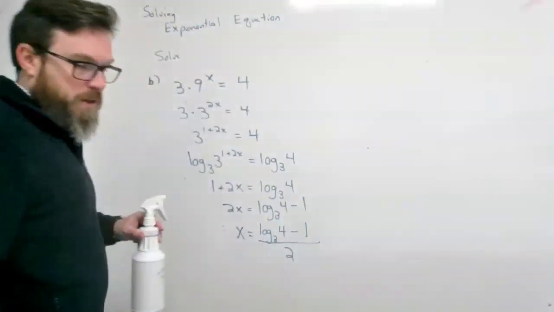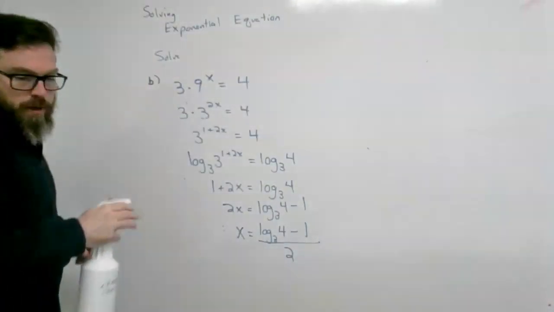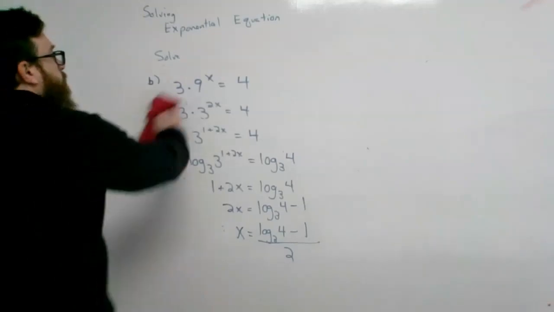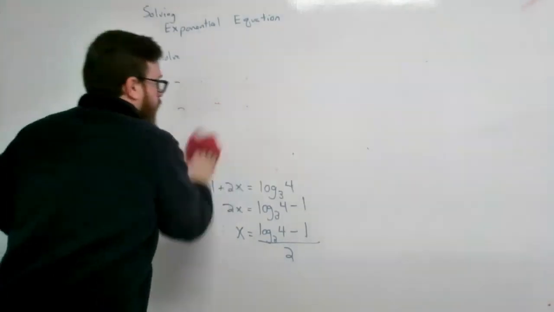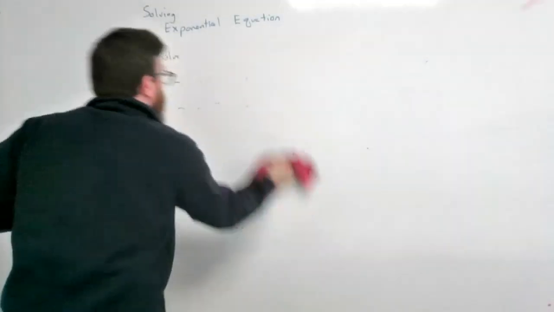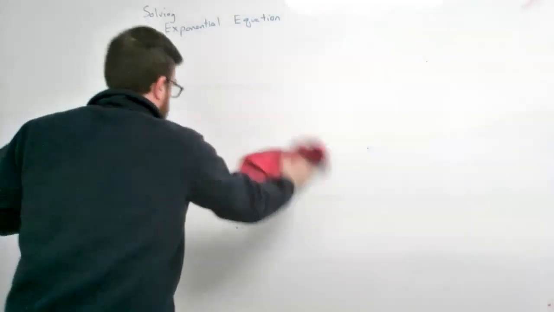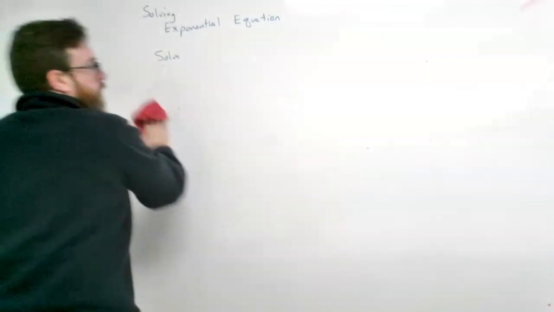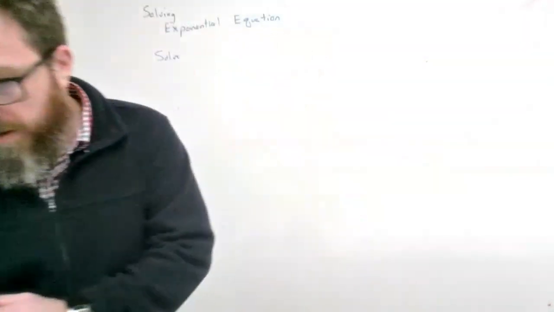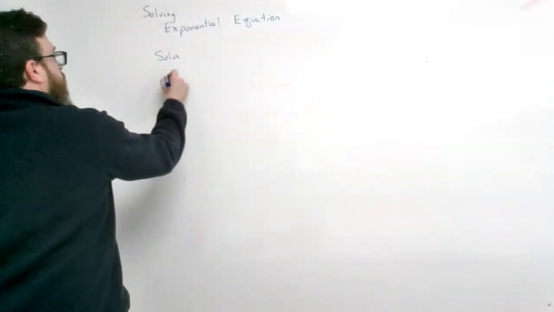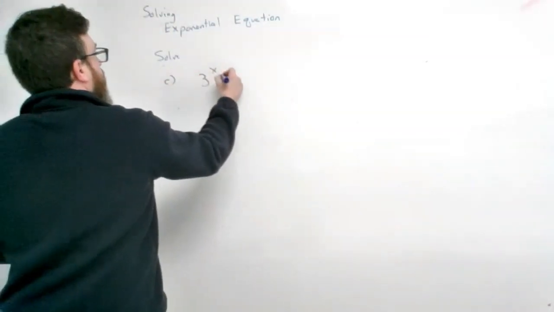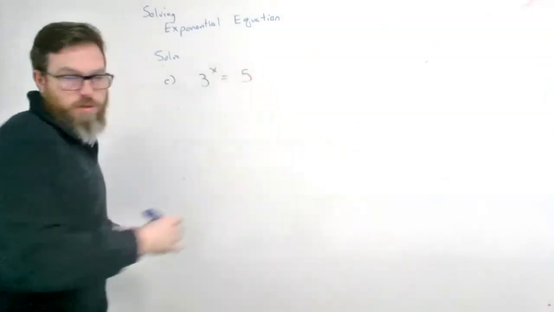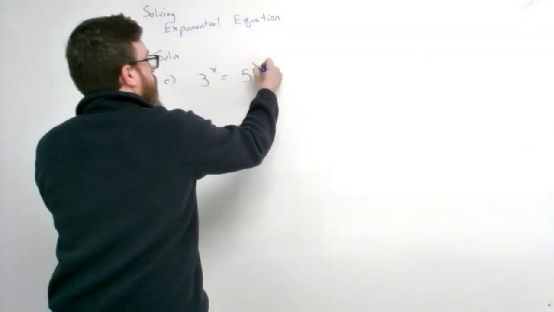So our last problem is going to solve an exponential equation where both sides are a base to a power, where that exponent is going to have a term of a variable. So C, 3 to the x is equal to 5 to the x minus 2.